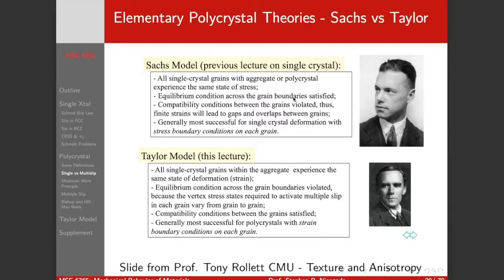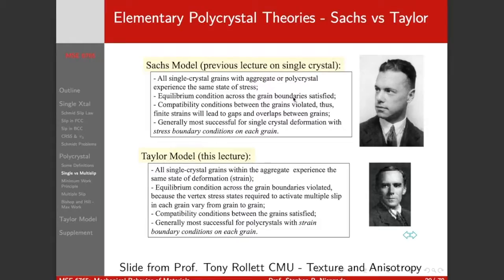Taylor, 1938, G.I. Taylor, so two very handsome physicists. Taylor said, well, forget about equilibrium. Compatibility is paramount because we know that we don't see holes open up in our polycrystals when we deform them.